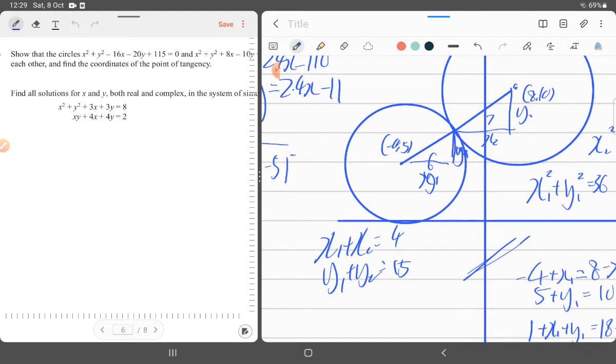Wait, let me see. Yeah, this goes up by this.